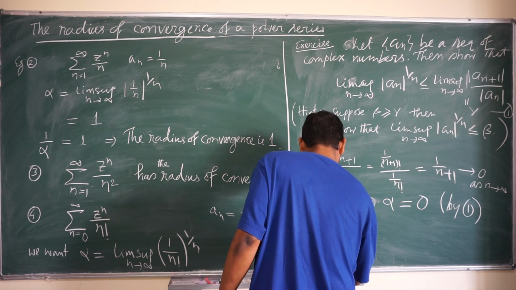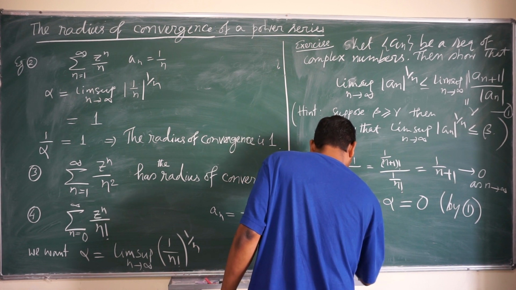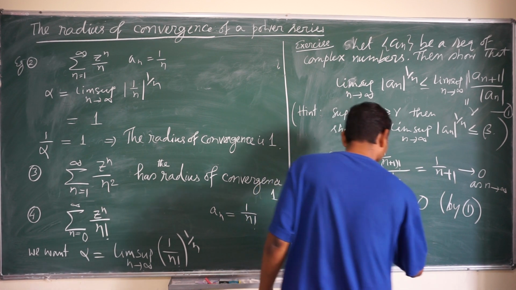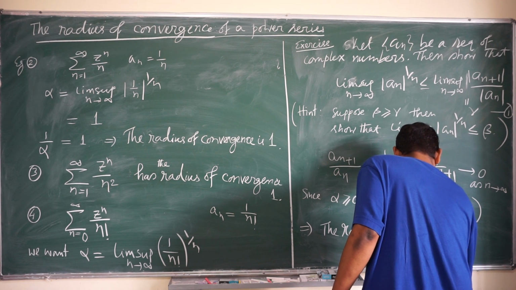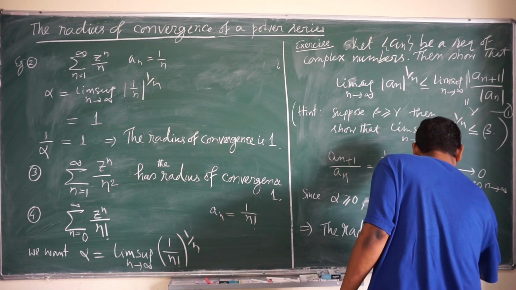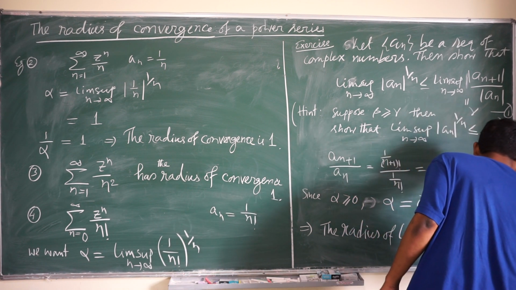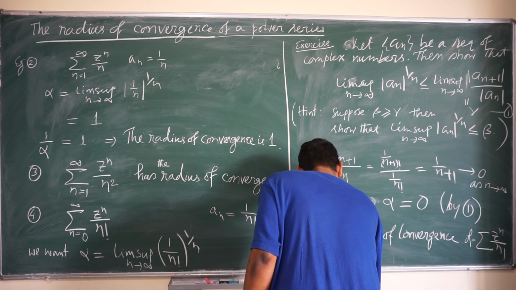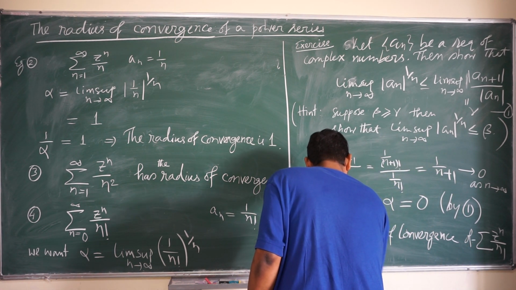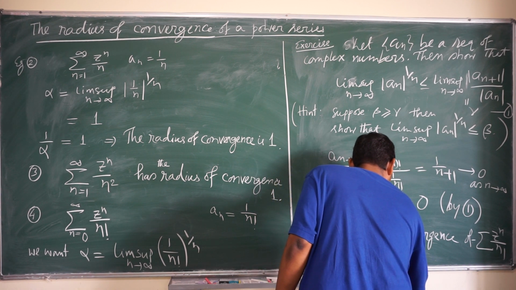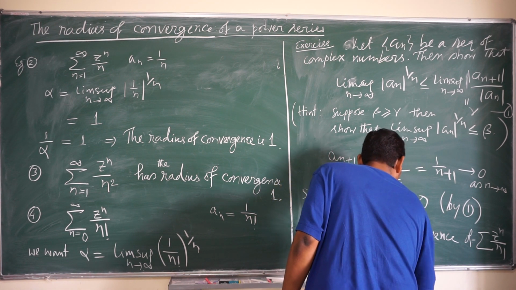This implies the radius of convergence of the summation z to the power n by factorial n, which is R, is infinity.